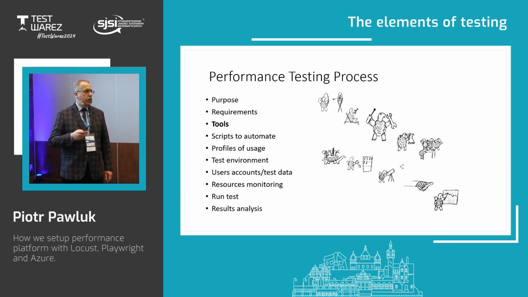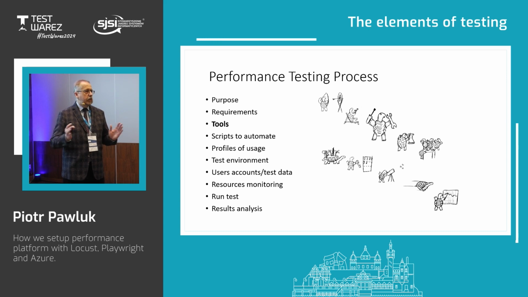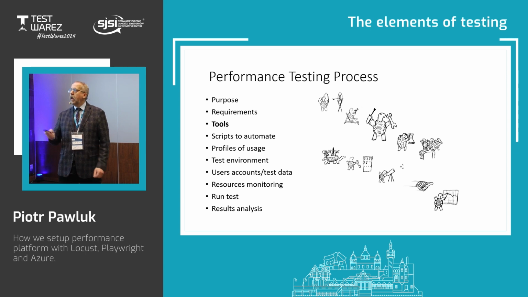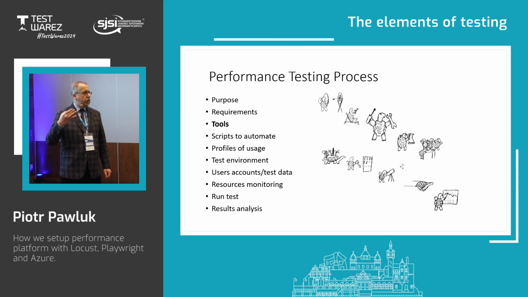Profiles of usage, so how many users at the same time should be used during one hour, during a whole day, 10 users, 10,000 users, and so on, and how often they click in the application. We need some test environment, which should be similar to production. We need user accounts and some test data to run the test.